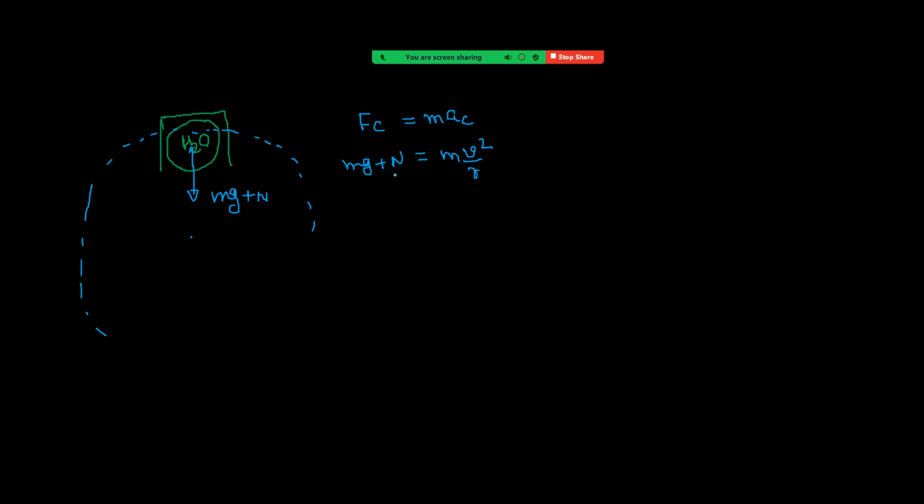Therefore, normal reaction can never become negative, it is either 0 or positive. So to have minimum speed, N should be minimum, and that minimum value is 0 because mg is constant. So again, mg equals m v squared by r. Mass gets cancelled, so v equals root of g r.